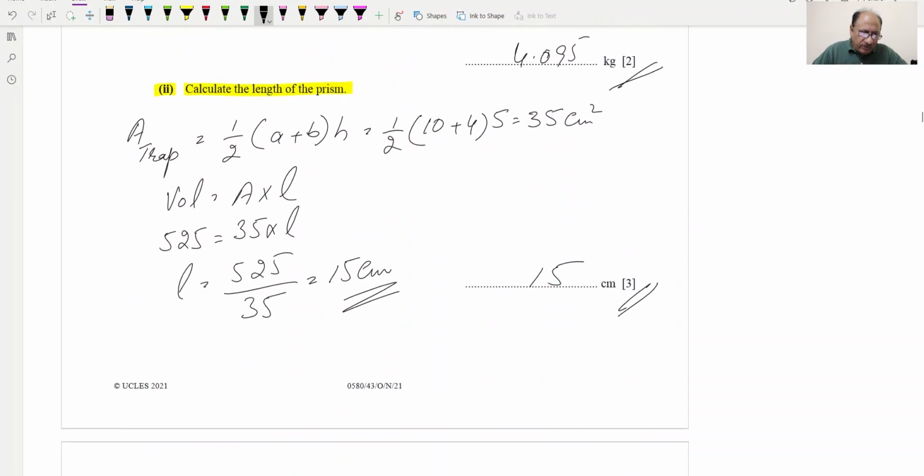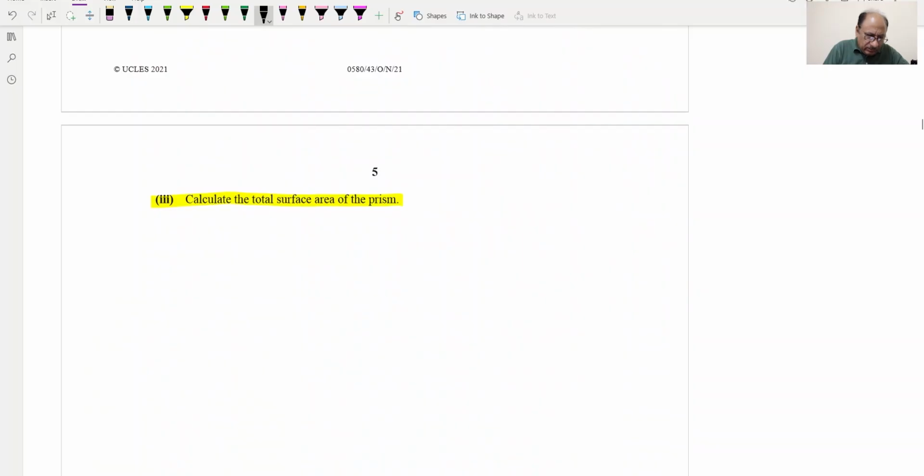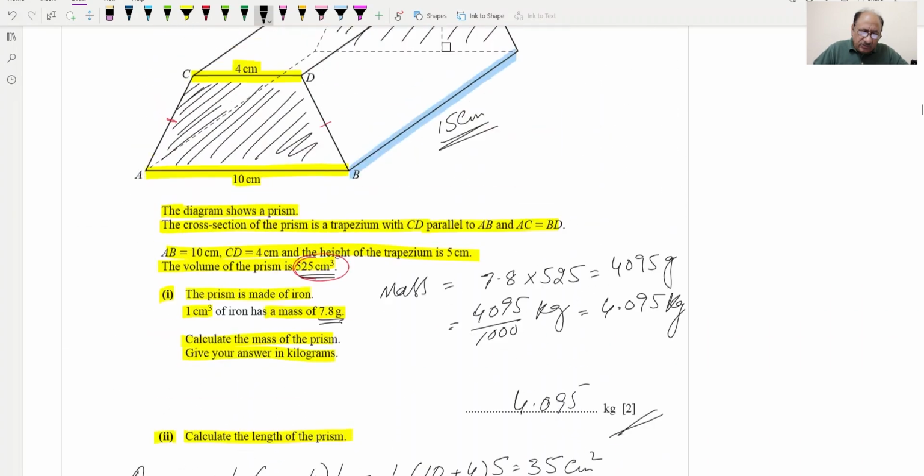So two times the area of trapezium is 35 into 2, which is 70 centimeters squared.